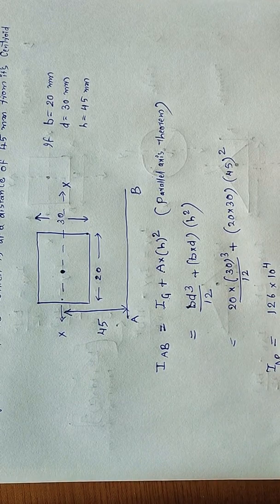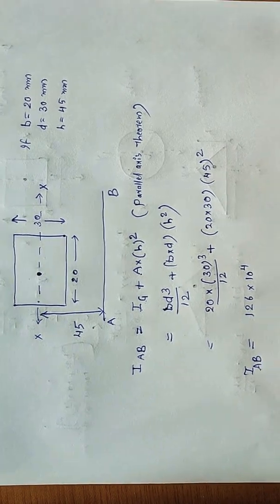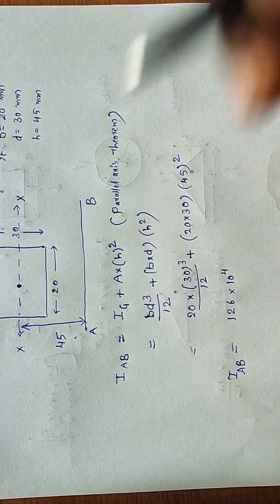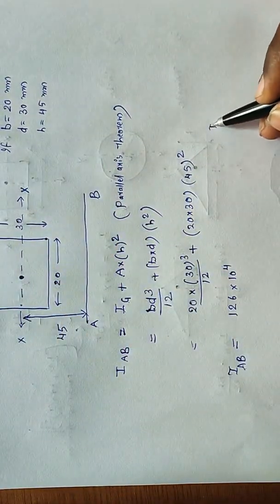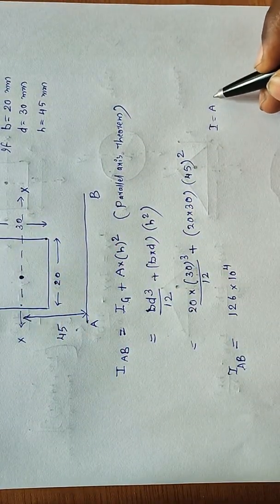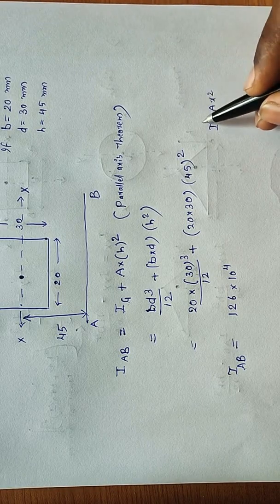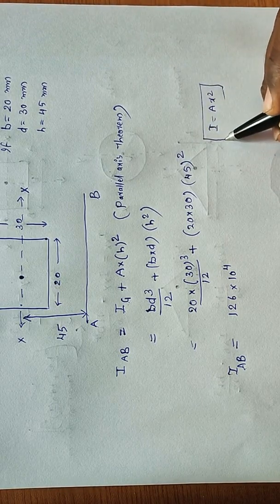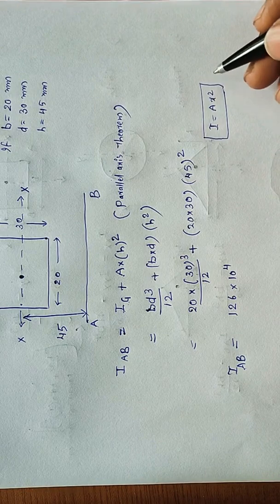What are the units for moment of inertia? We know that moment of inertia for plane areas is area into distance square. If you have mass, then it is m into r square.